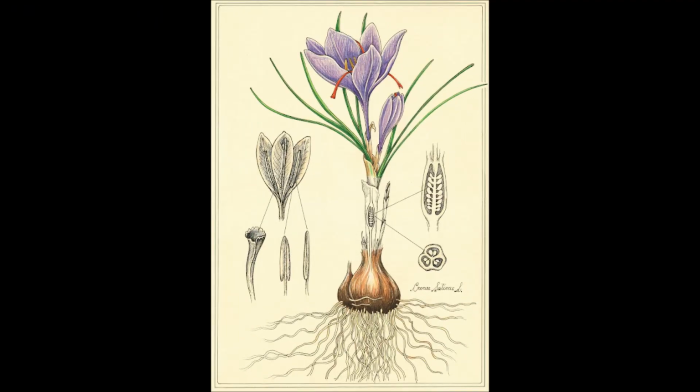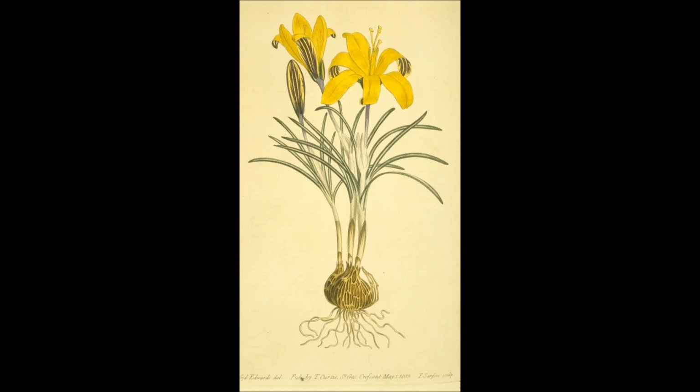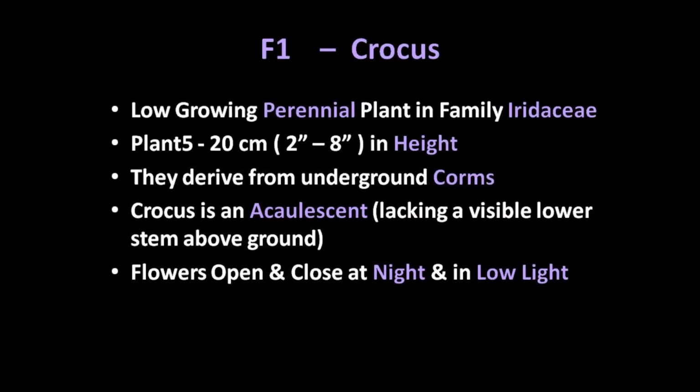So, as always folks, before we embark on our journey into the field, we will look at the features and characteristics which will enable us to identify and find it in the field, beginning with the inflorescence. The general form of the crocus is that of a low-growing perennial plant in the family Iridaceae, or the iris family.